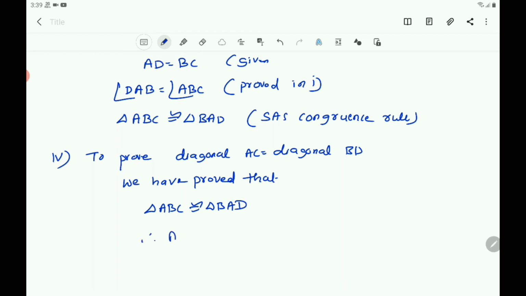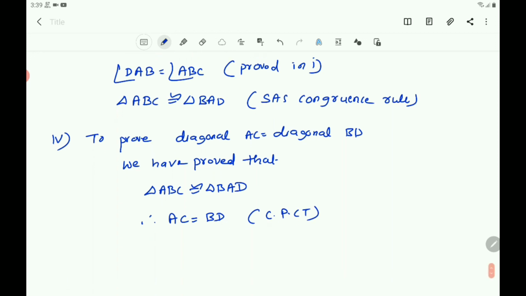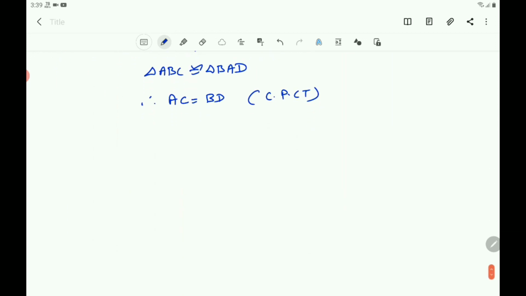Therefore, you can say that AC equals BD according to CPCT. That is nothing but diagonal AC equals diagonal BD.